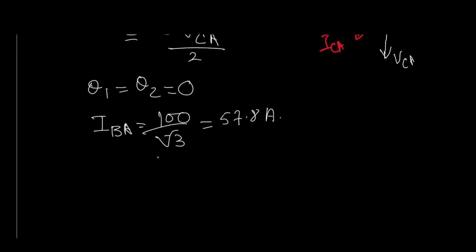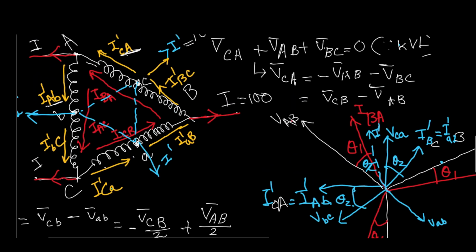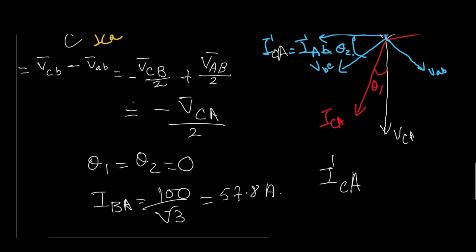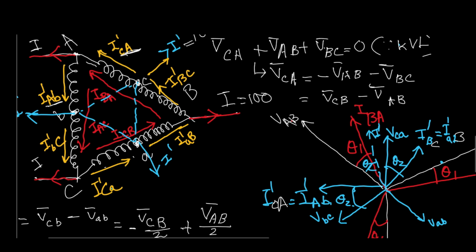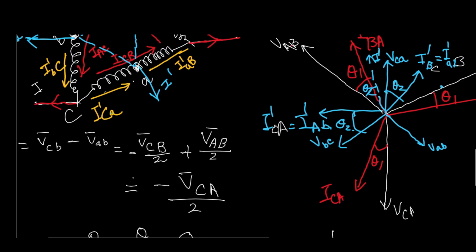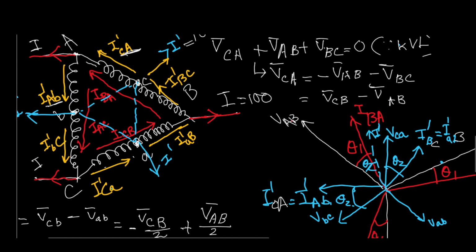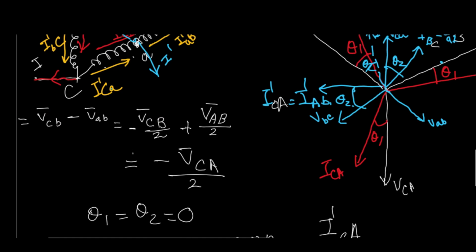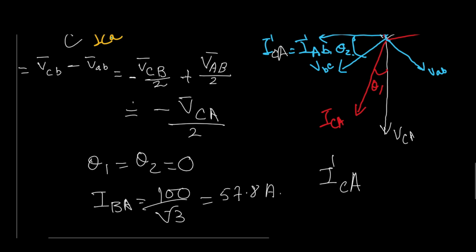What about the other one, I dash CA? This one is equal to I dash AB, or any other current, because this is balanced, so you can write I dash CA.